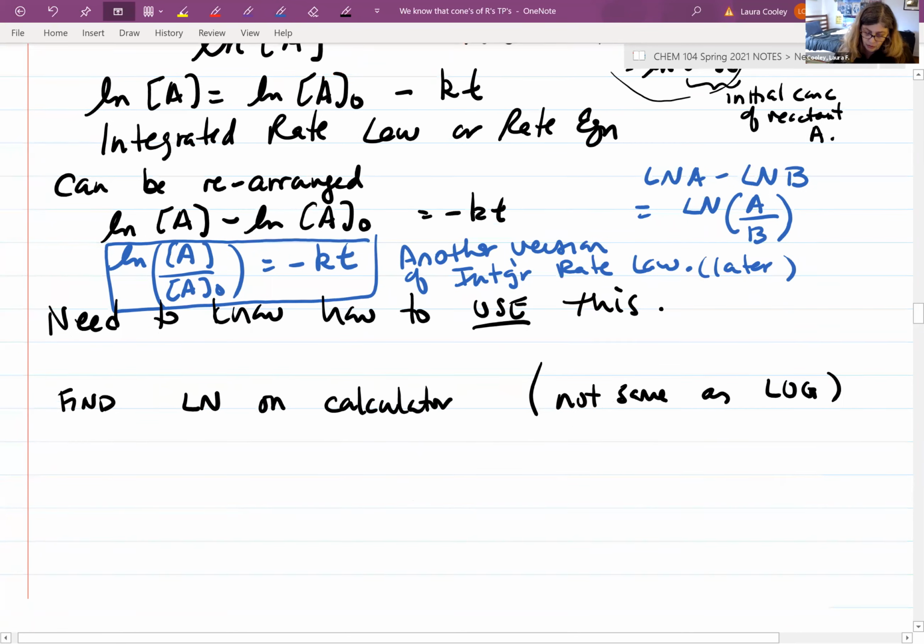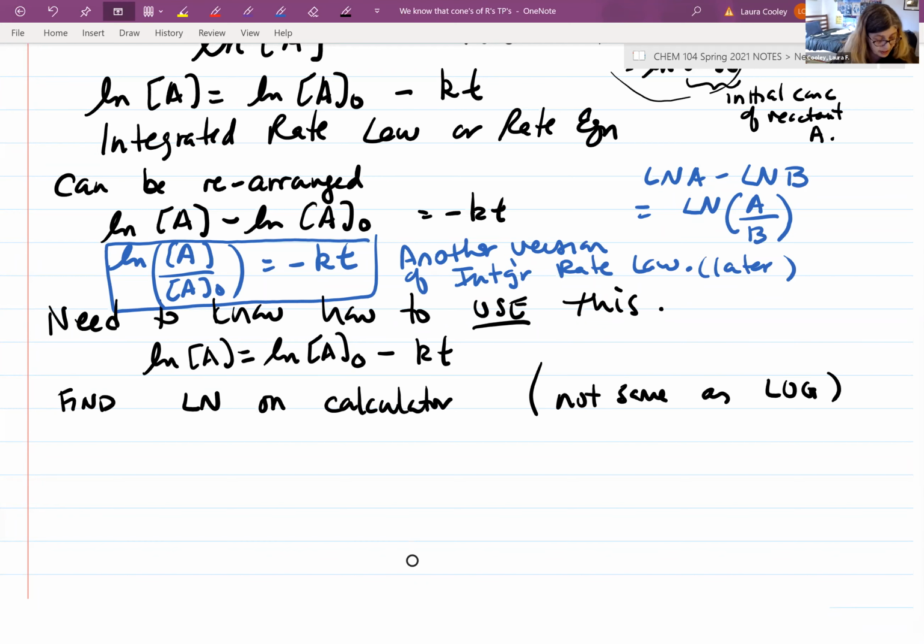But for now, we're going to use the equation in the other form, which is the log of A equals the log of A0 minus kt. That's what we're going to do with activity 6. So find natural log on your calculator and let's get going.